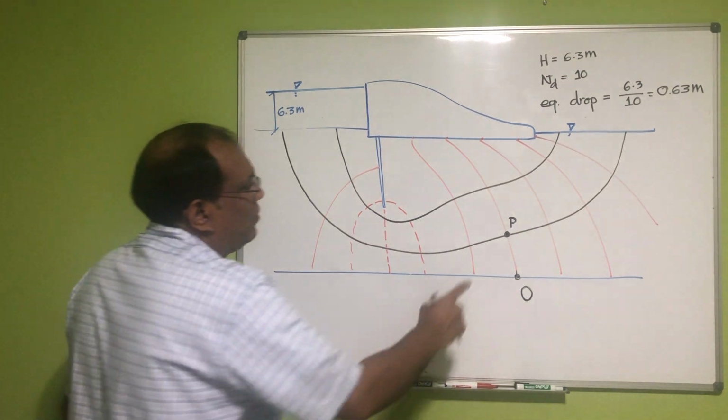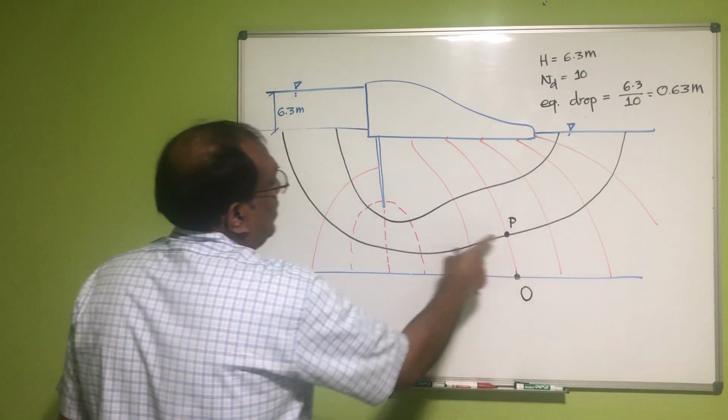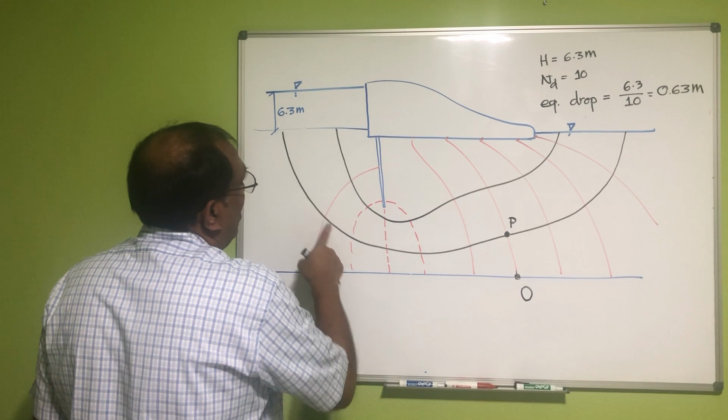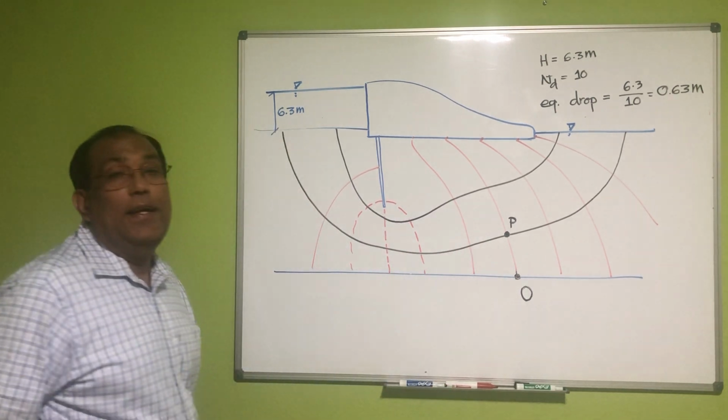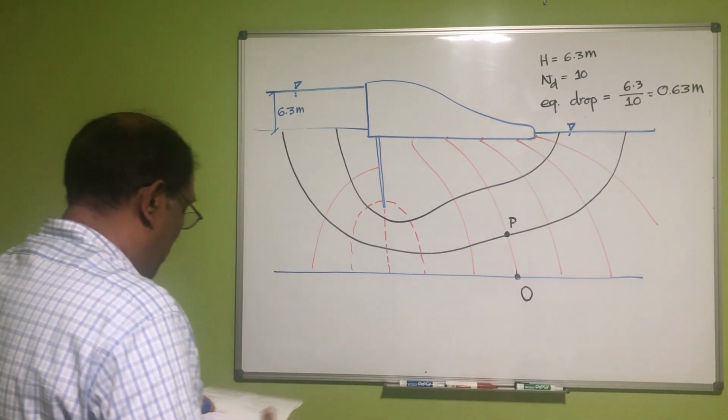Now if you try to find out the head here, you can see how many drops you have: 1, 2, 3, 4, 5, and 6 drops. Okay, 6 drops.